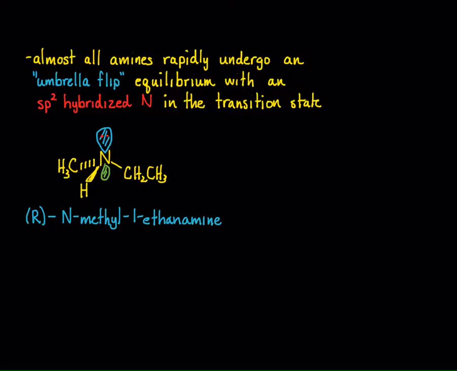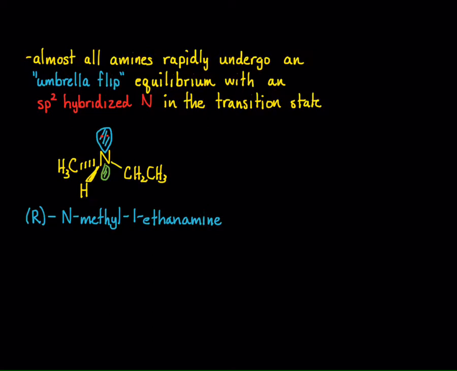Now I could name this in a couple of ways. I could name this R-ethyl methyl amine, or I could, I'm just simply showing you a little difference. So I can name this ethylamine, and then a methyl group coming off of the nitrogen. So that's where that capital N comes from. The methyl is coming off of the nitrogen. So N-methyl, and then 1-ethane amine. But this has stereochemistry to it.